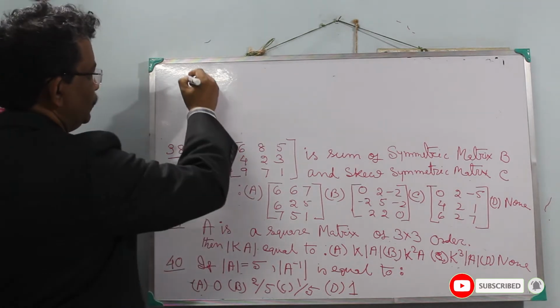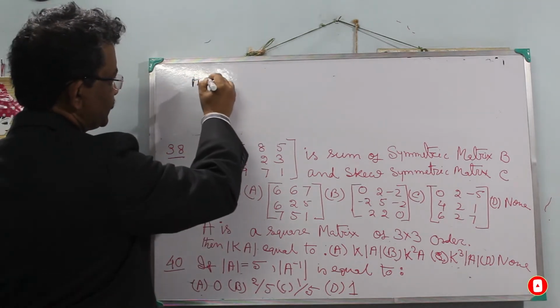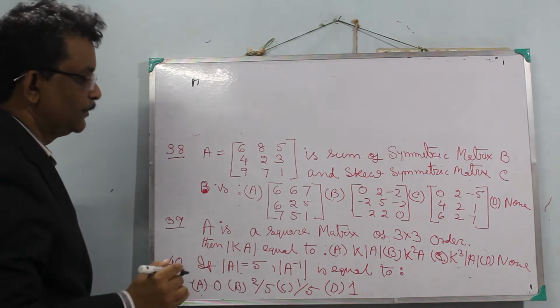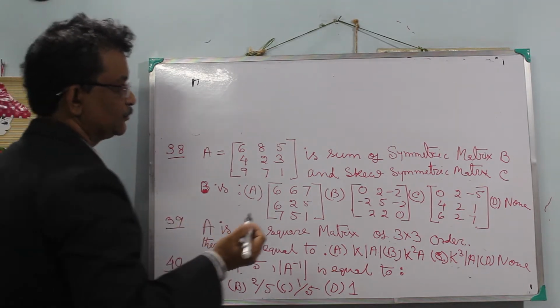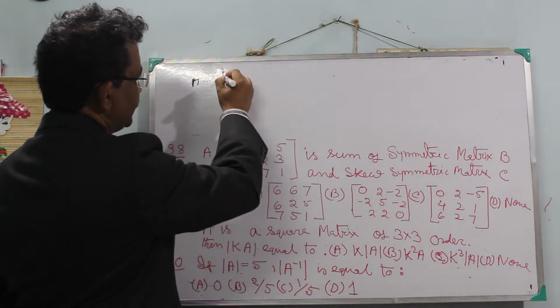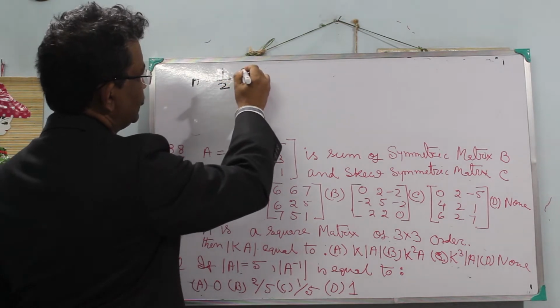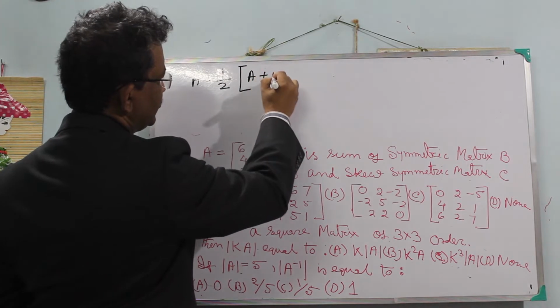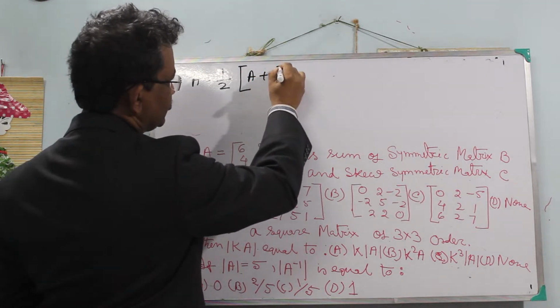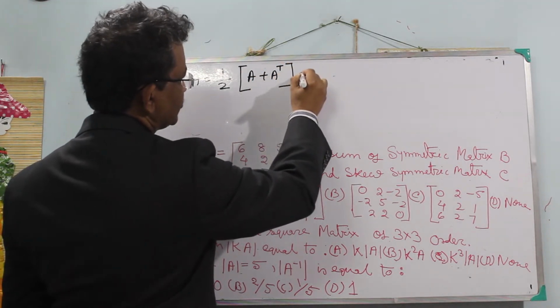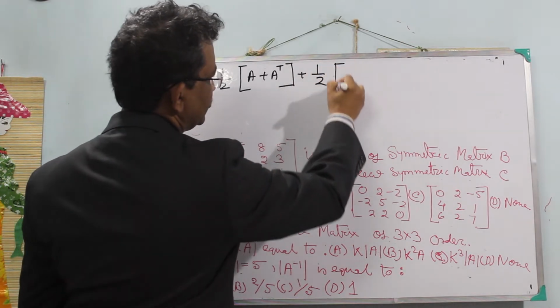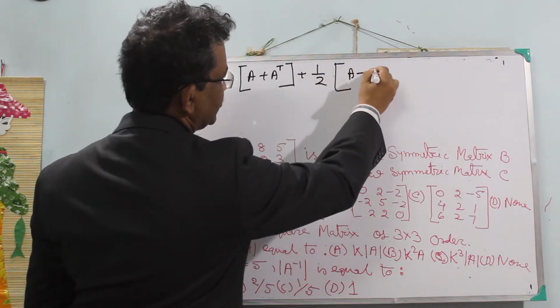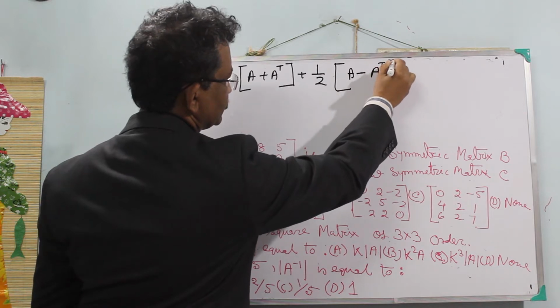We know a matrix can be expressed as a sum of symmetric and skew symmetric matrices like this: A equals half into A plus A transpose, plus half into A minus A transpose.